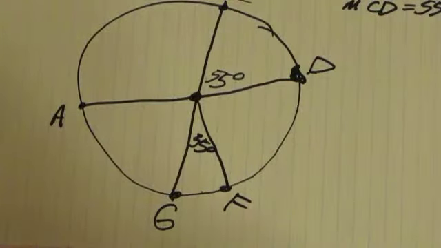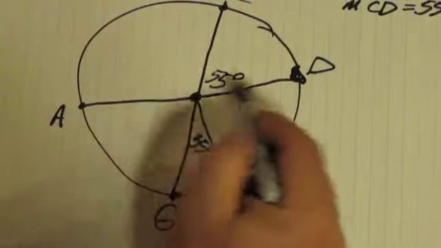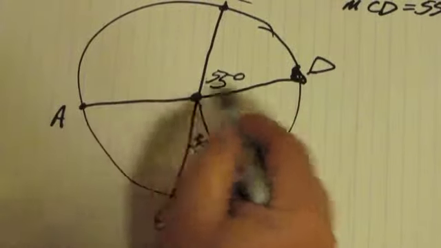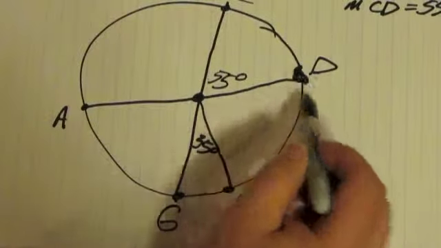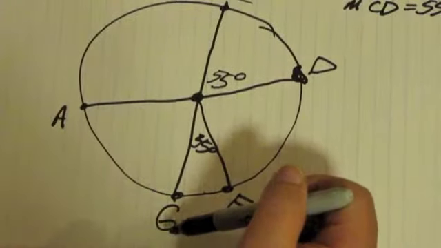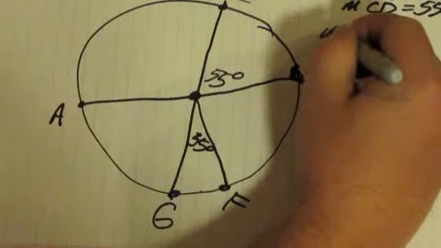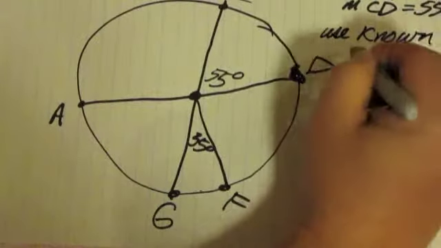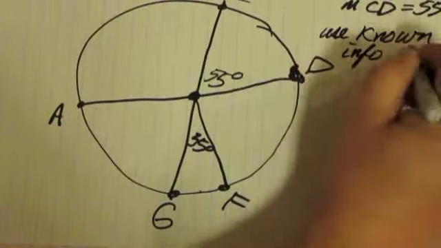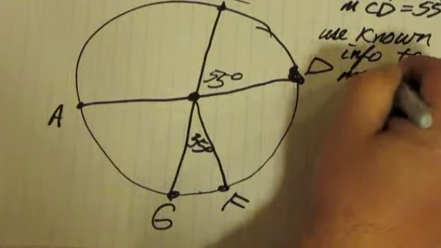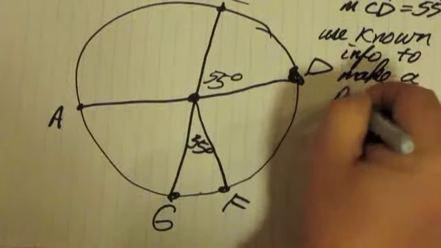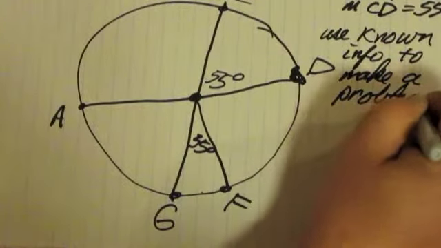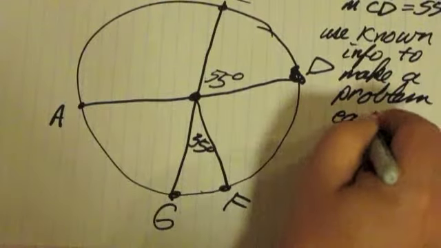So here's how you're going to do this problem. The strategy is use the semicircles to help you. As you can see, AD is a diameter and CG is a diameter. So use known information to make a problem easier.